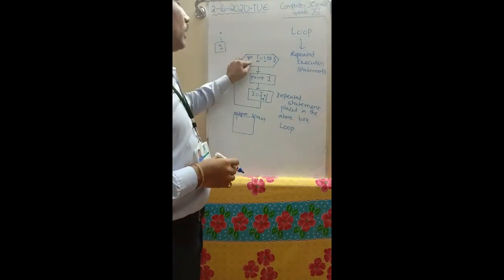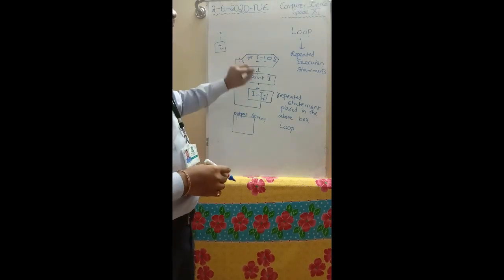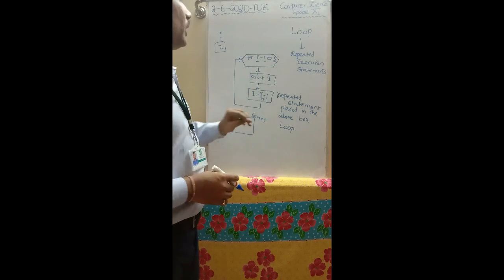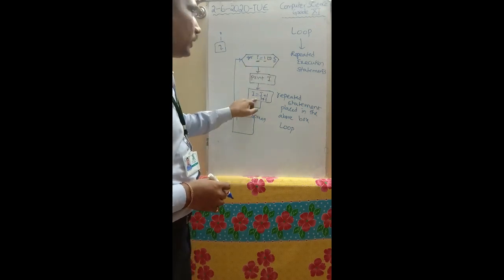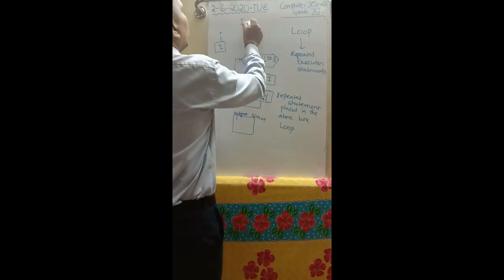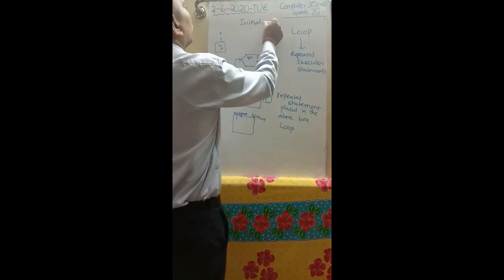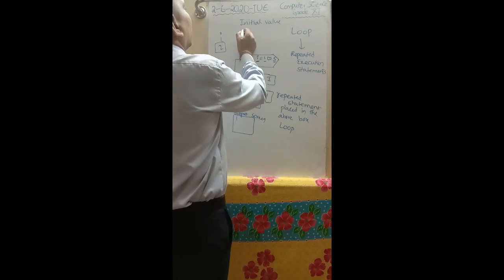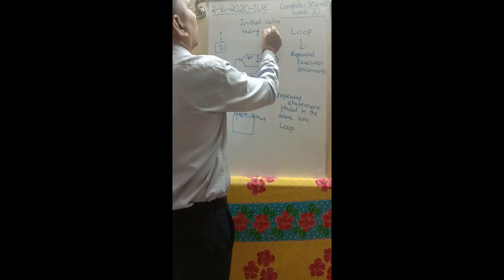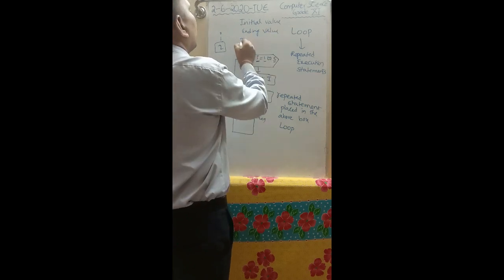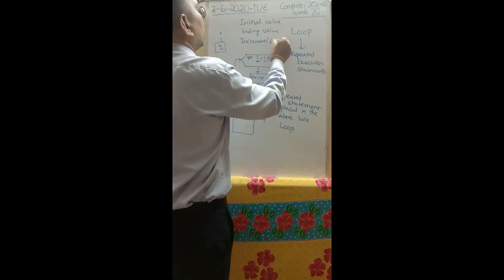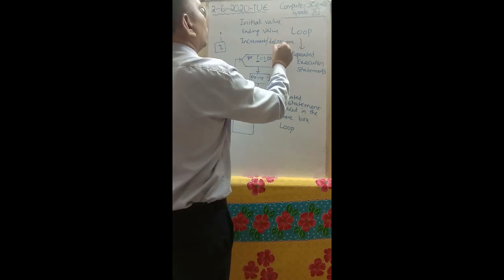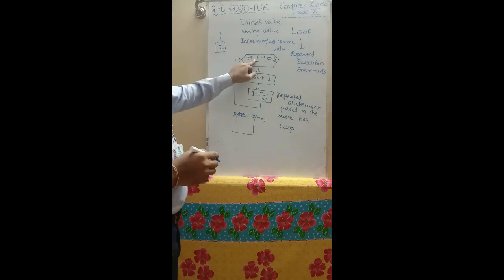So every loop control variable must have 3 values: initial value, ending value, and increment or decrement value.